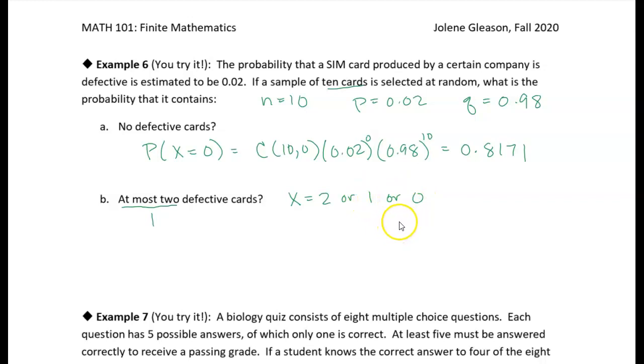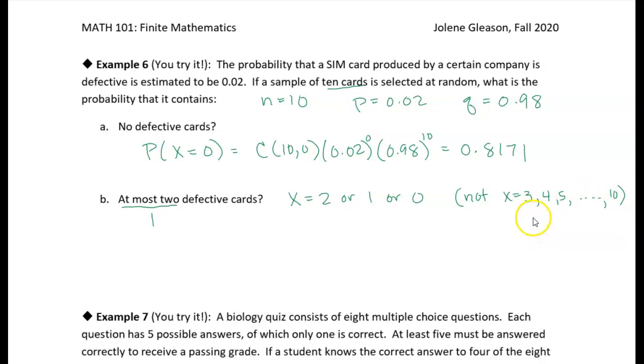Now, oftentimes with these types where it says at most or at least, it's good to look at the complement just to see if it might be easier to count, because we don't want to have to do more work than we already have to do. This chapter 8, there's a lot of number crunching, so let's look at what the complement of that is. So that would be x equals 3, or 4 or 5, or okay, it looks like that's a lot, out to 10.